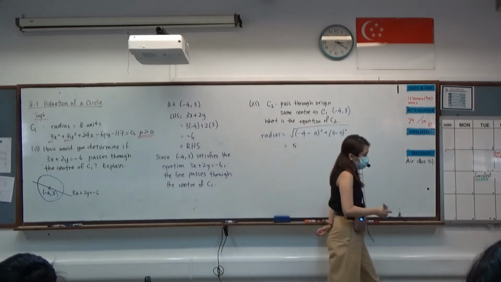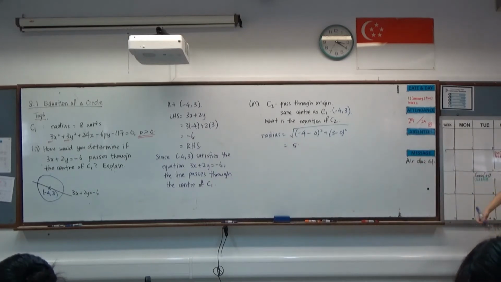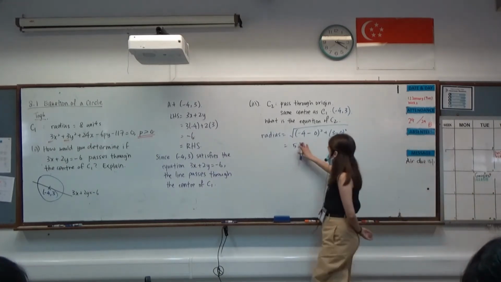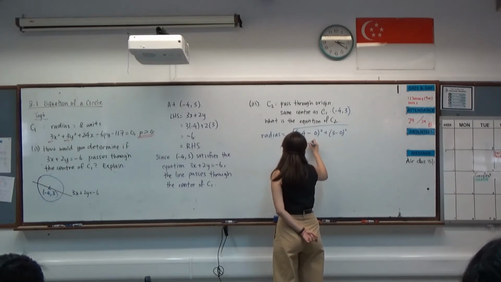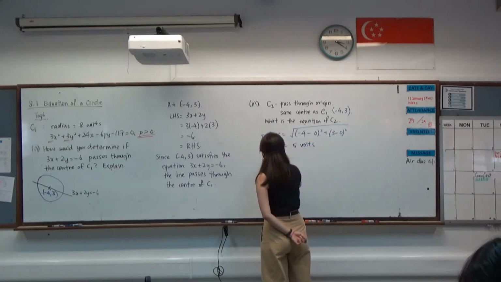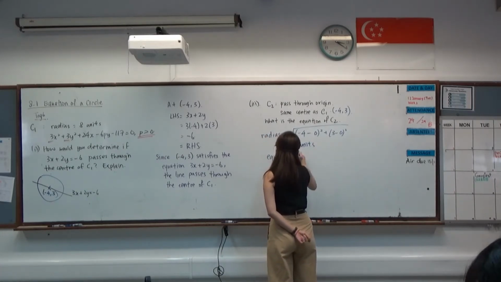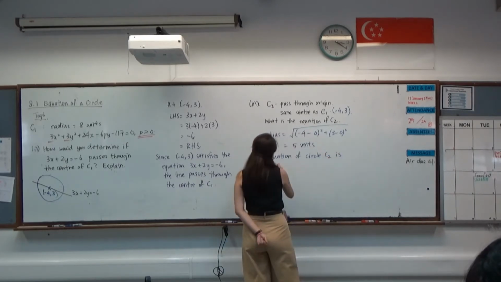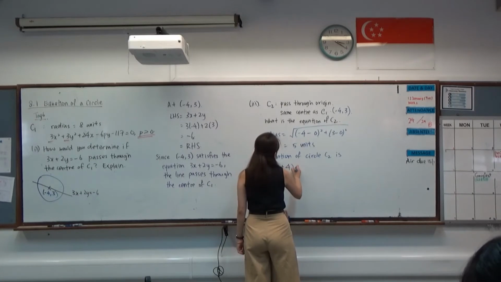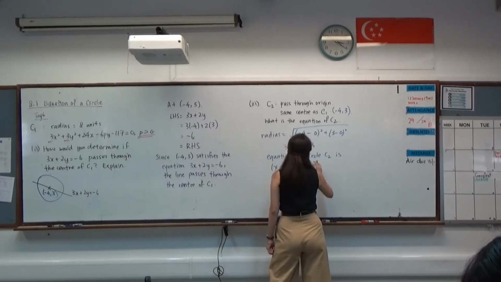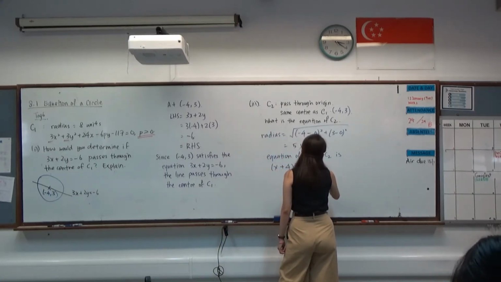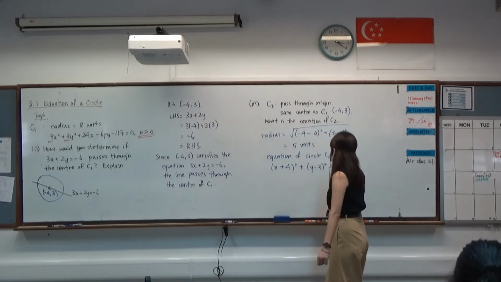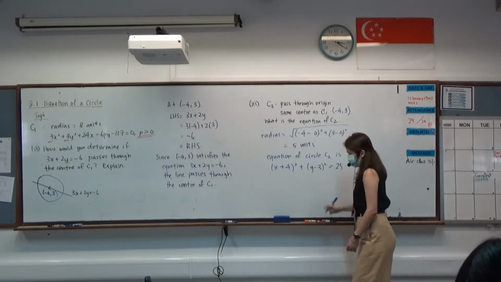So that will be 5 units. And therefore the equation of the circle is x plus 4 squared plus y minus 3 squared equals to 5 squared, 25.